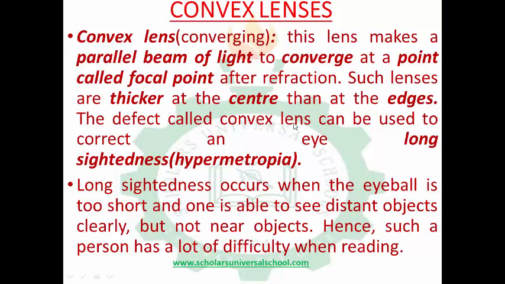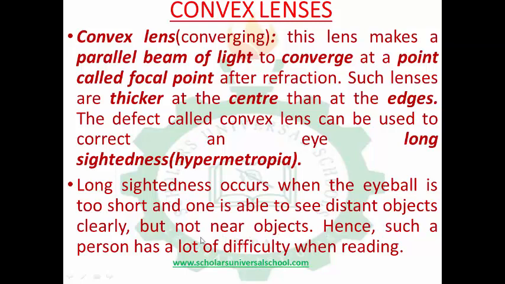The convex lens can be used to correct the defect of the eye called long-sightedness, that's hypermetropia. Long-sightedness occurs when the eyeball is too short and one is able to see distant objects clearly but not near objects.